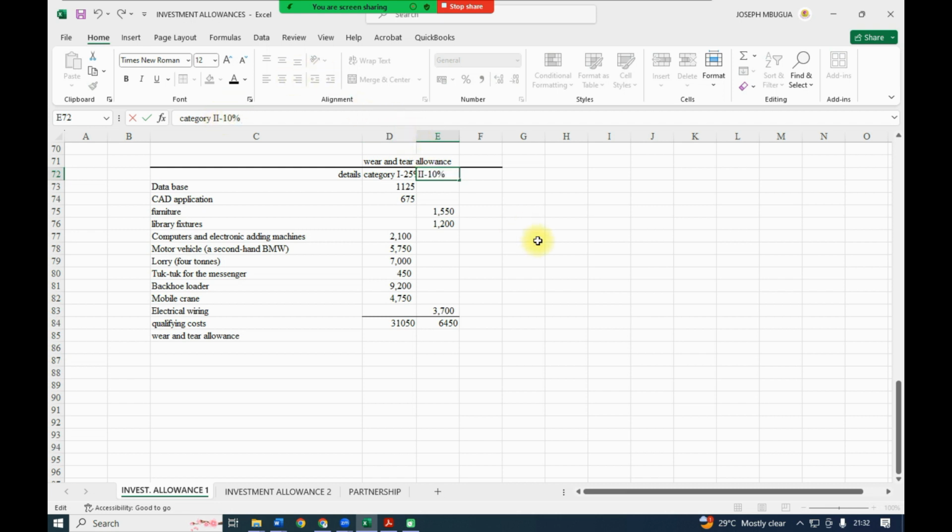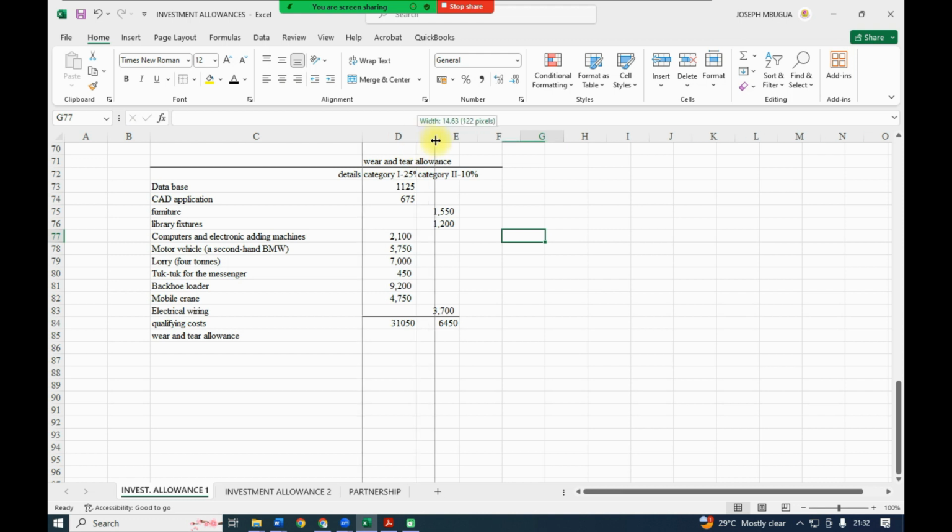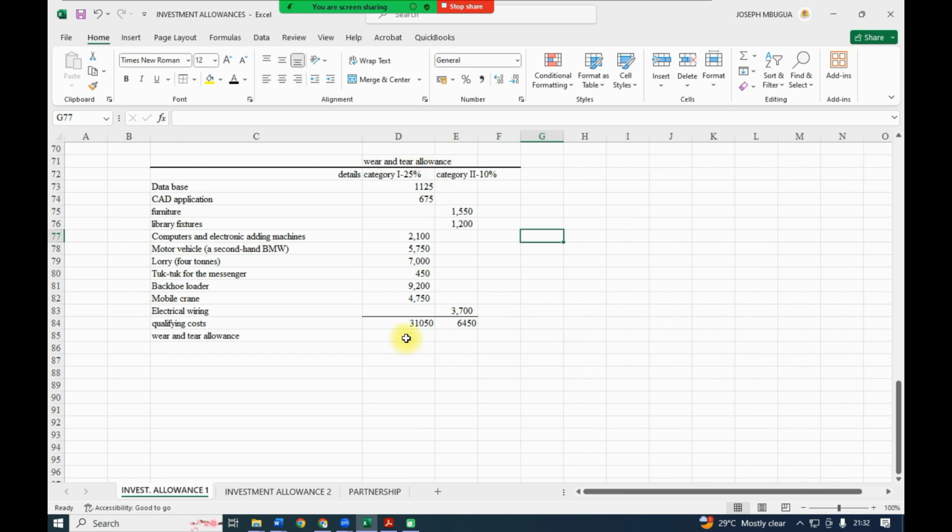So this will be this value multiplied by 25%, with a minus, and this other one will be negative this, multiplied by 10%, which will give you 645.